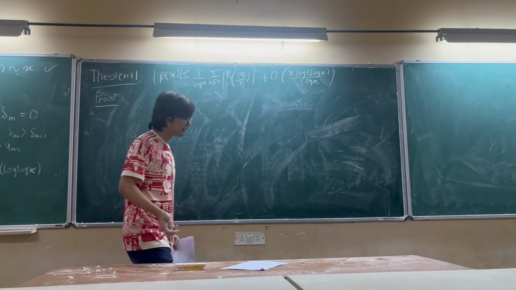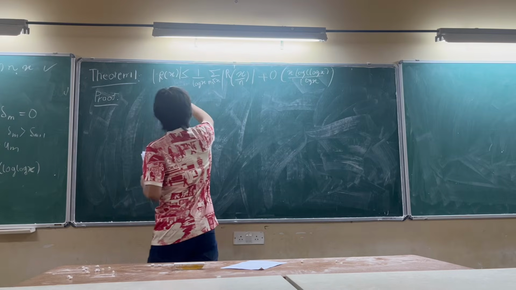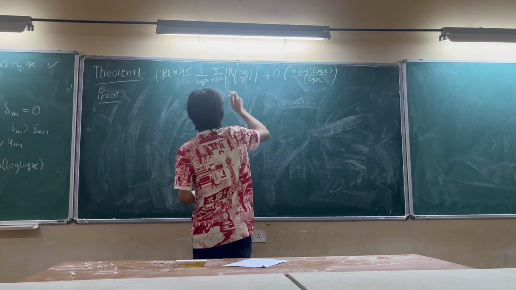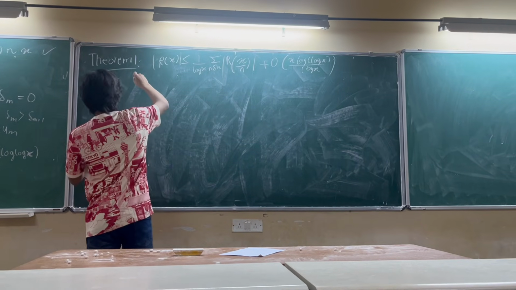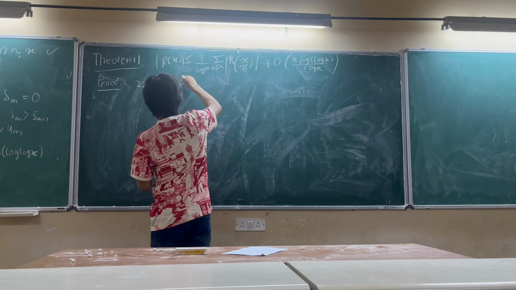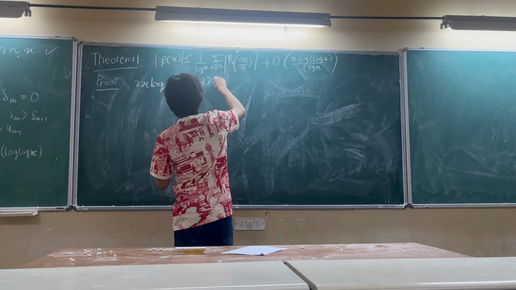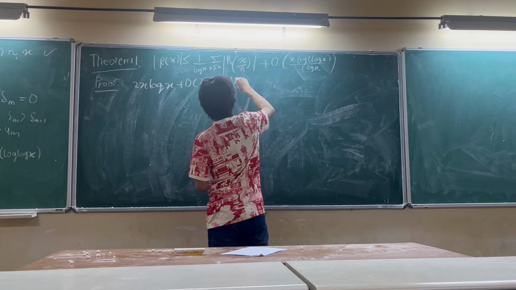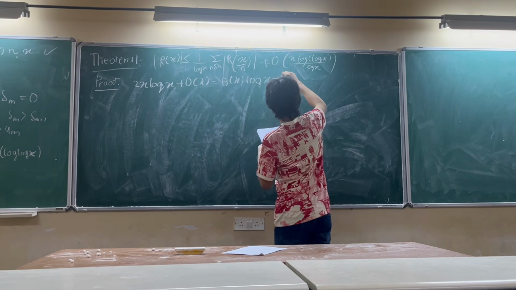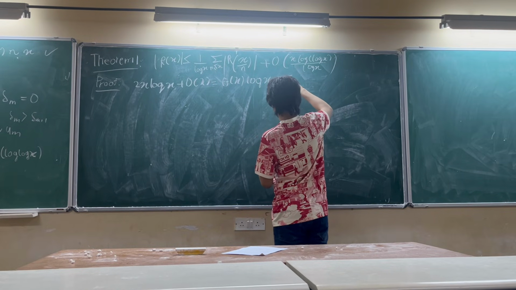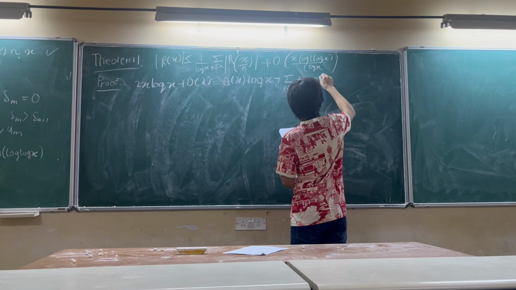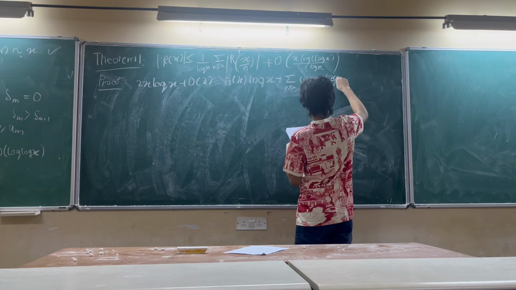So using that, we'll show that the function R has an upper bound that looks something like this, which is again in terms of R, but this bound can be resolved further. So all that, 2x log x plus order of x, was theta(x) log x plus summation p less than or equal to x of log p theta of x by p.